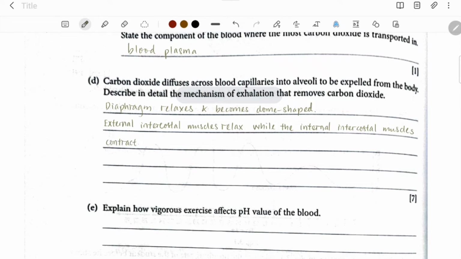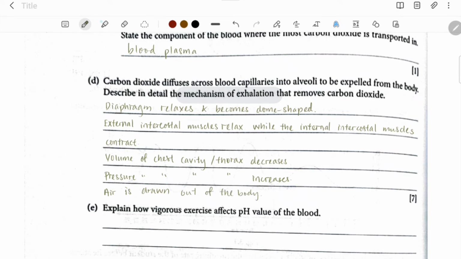And then after that, the volume of the chest cavity or thorax decreases, pressure of the chest cavity or thorax increases. Air is drawn out of the body.